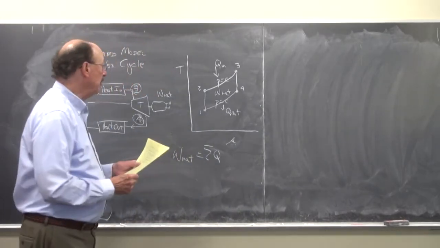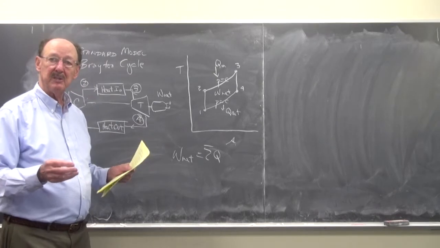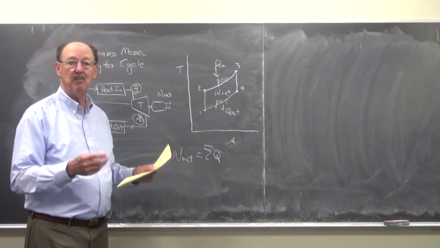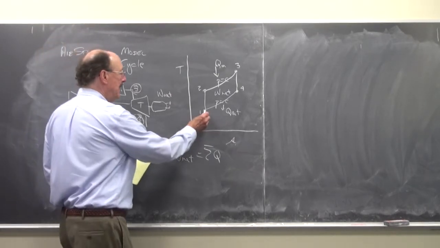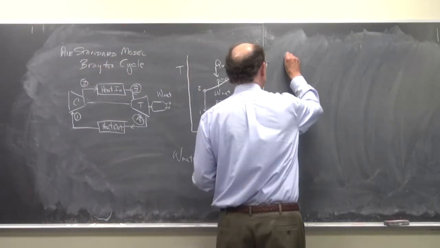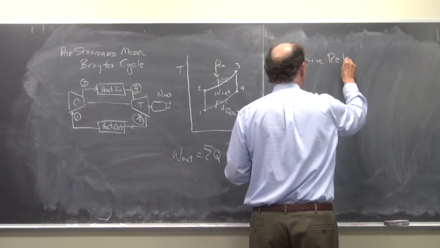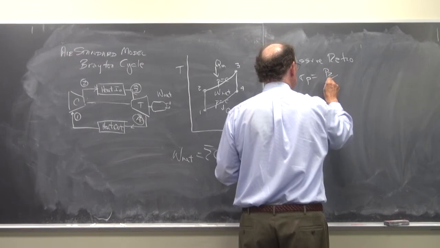One of the things that characterizes the Brayton cycle is something called the pressure ratio. Just as with an internal combustion engine, we had a compression ratio. Here it's a pressure ratio. So it's how much the air is compressed between 1 and 2. So you have something called a pressure ratio. So R sub P is equal to P2 over P1.